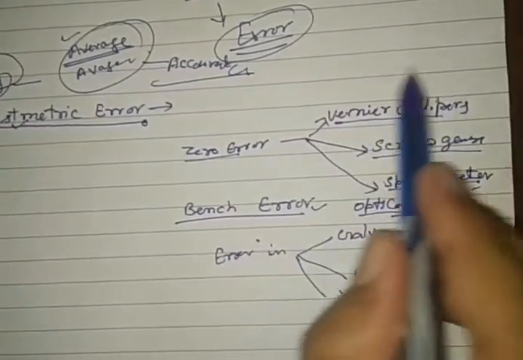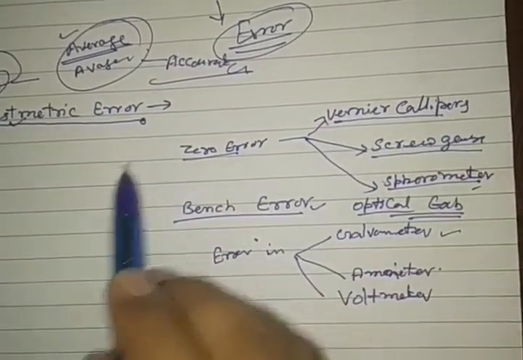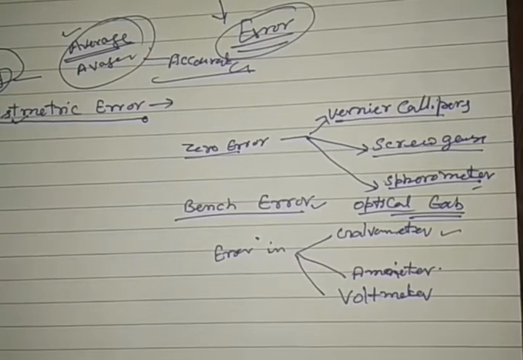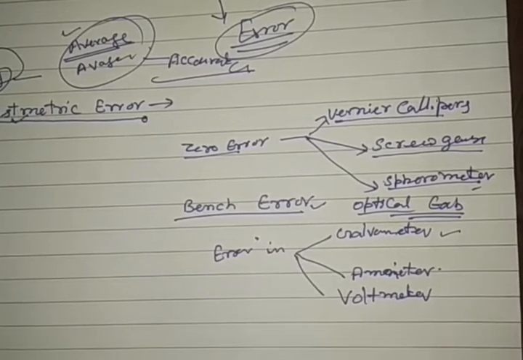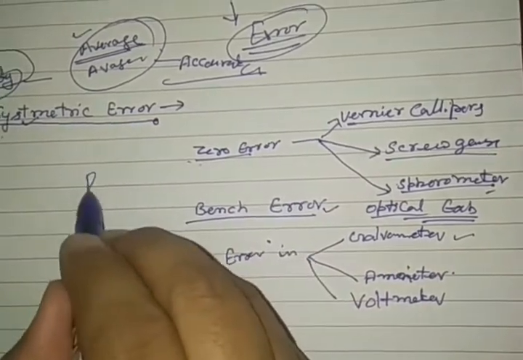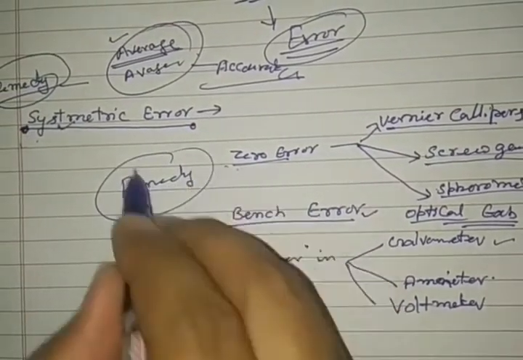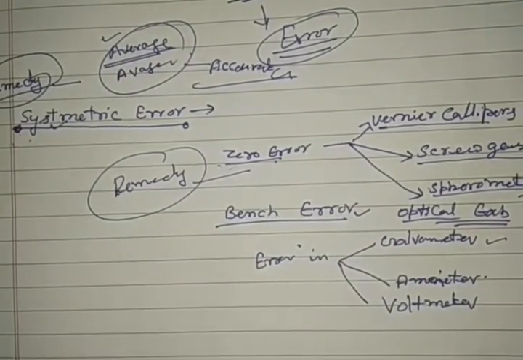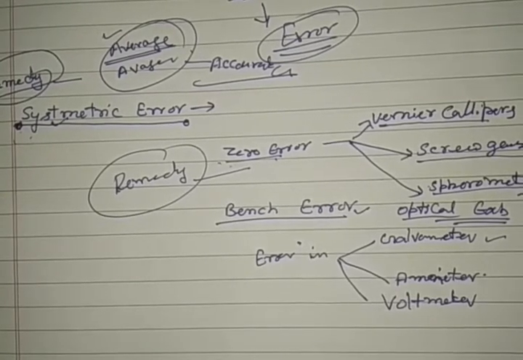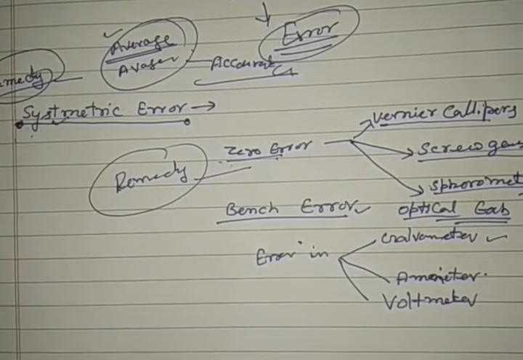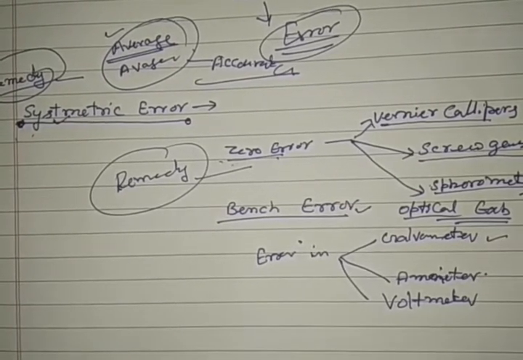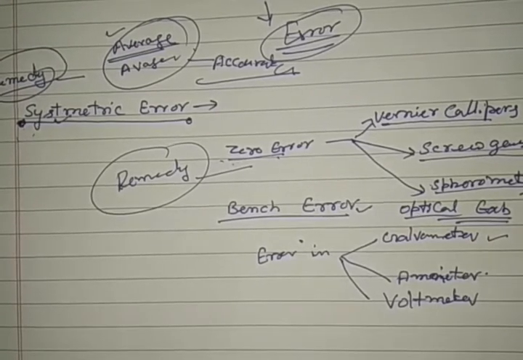When we take observations with an instrument where zero error is available, you know zero error is the case in which the zero lines of both scales do not coincide exactly. The remedy here is that the zero error is calculated first, to see how much error is available, and after taking the observation, the zero error is either added or subtracted according to its nature.